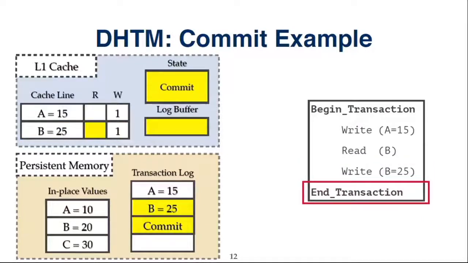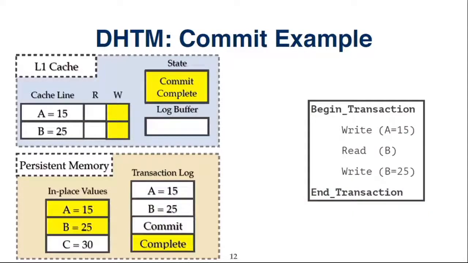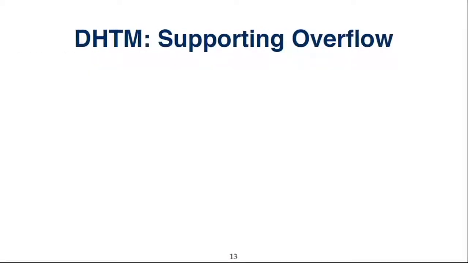Finally, when the transaction commits, the log buffer is flushed, so the log entry for B is written to the transaction log along with a commit log record, and at this point, the transaction is failure atomic. Eventually, when all the in-place updates have happened in persistent memory is when the transaction is deemed to have been completed.